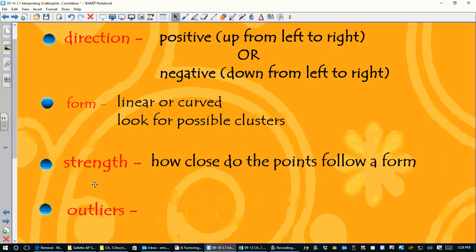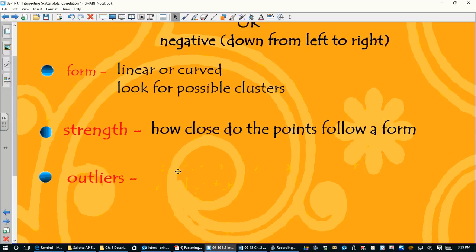Strength: how close do those points follow a form? So if it closely appears to travel in a direction like a line, then it would be strong. If it's got a wider band, then perhaps it will be more weak or moderate.